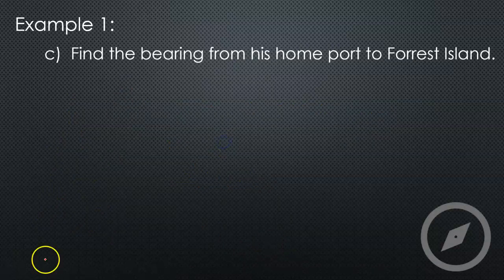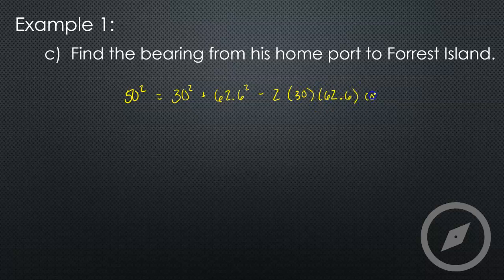So I'm going to say 50 squared equals the other two sides squared and added together. So 30 squared plus 62.6 squared minus 2 times each of those sides, times the cosine of the angle, which I'll just say cosine of angle H. Now remember, we have to keep these separate.